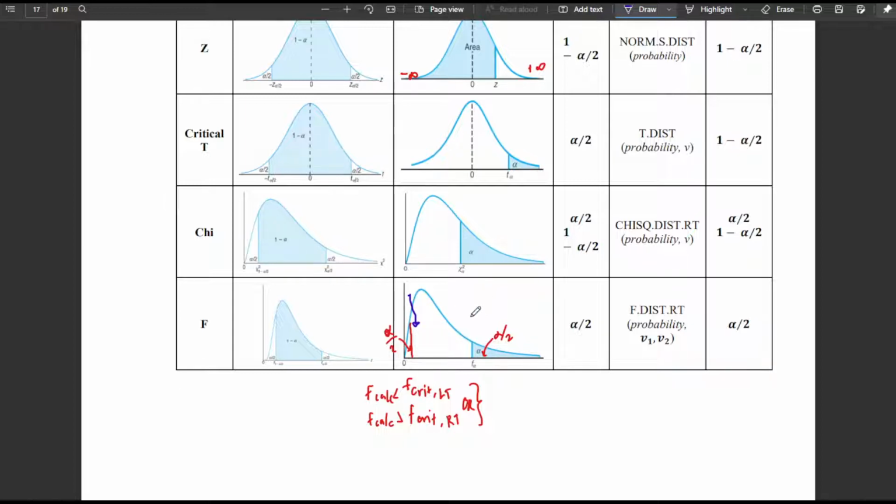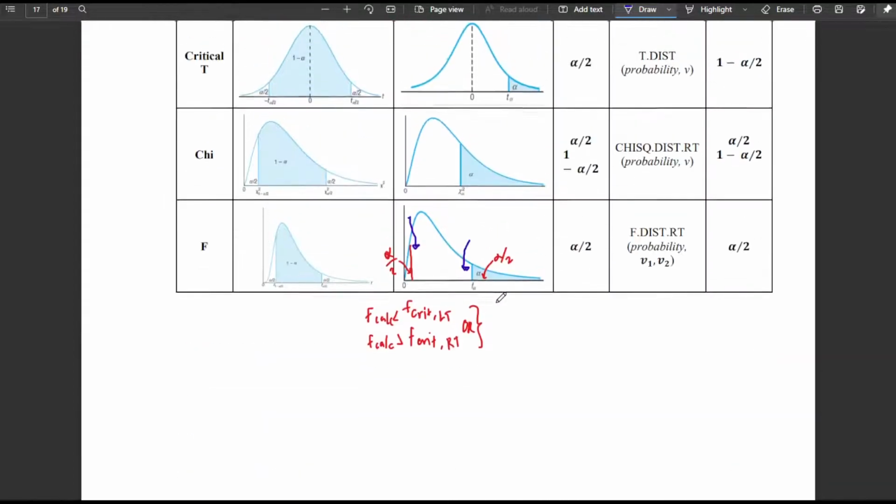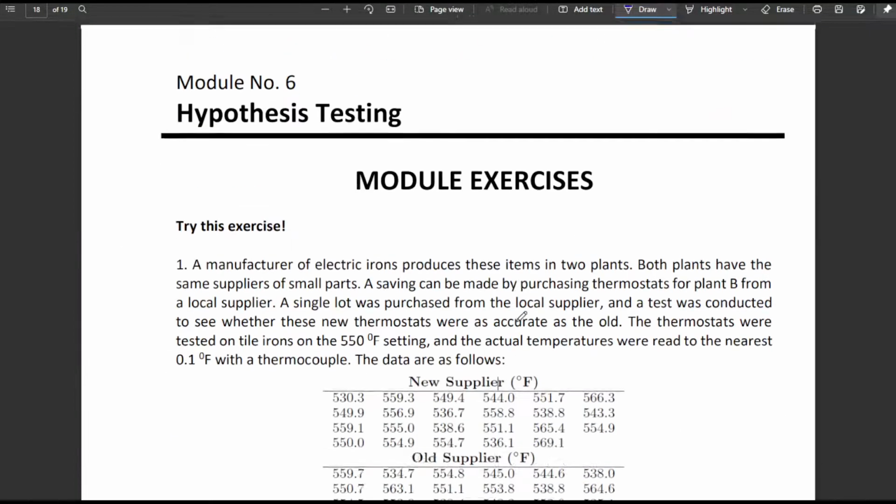But if your F value is greater than 1, that means the numerator is greater than the denominator, and therefore it should be leaning towards the right tail. Okay? So, mas appropriate na yung right-tailed na p-value yung kukunin natin. Okay? Pero if you're unsure, you can always check both, no?